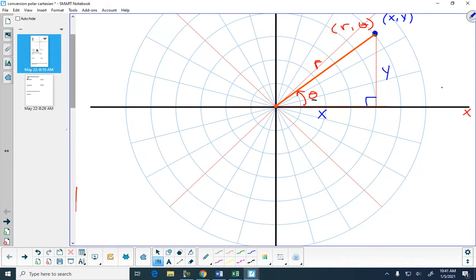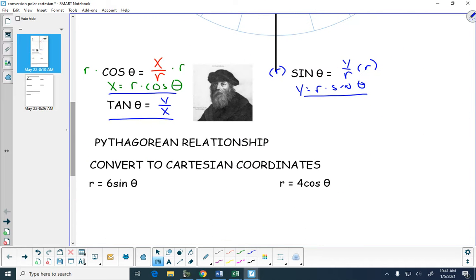What would our Pythagorean theorem say about this triangle? It would be x squared plus y squared equals r squared. There you go. X squared plus y squared is equal to r squared. Our good old buddy Pythagoras continues to help us.